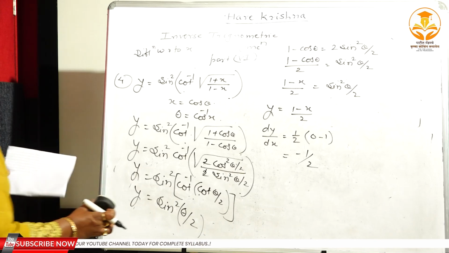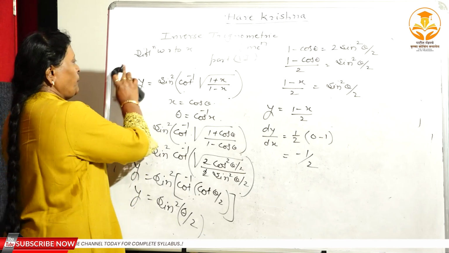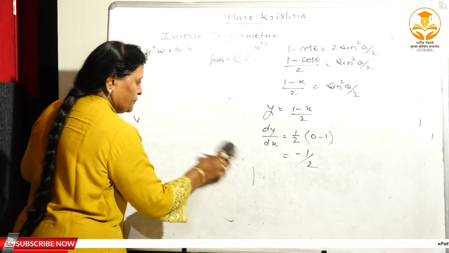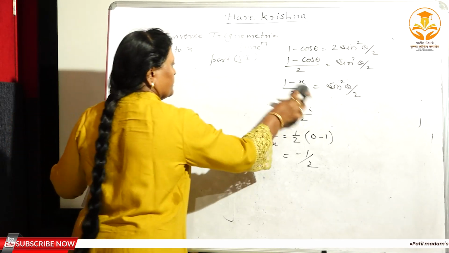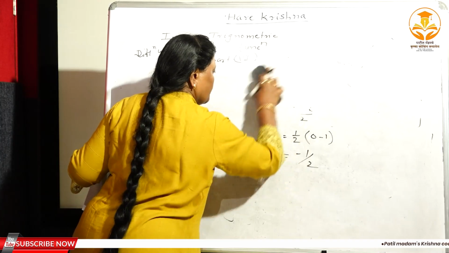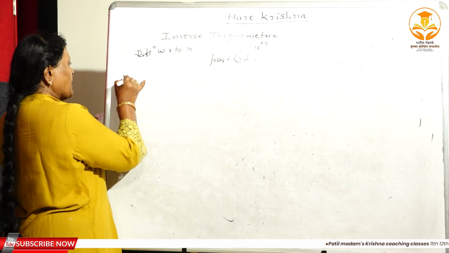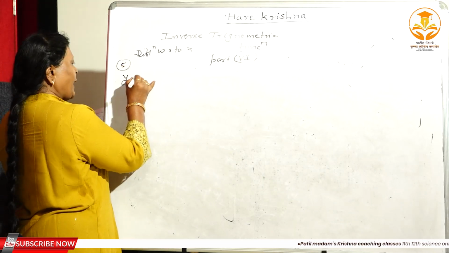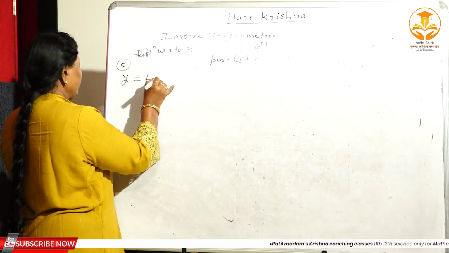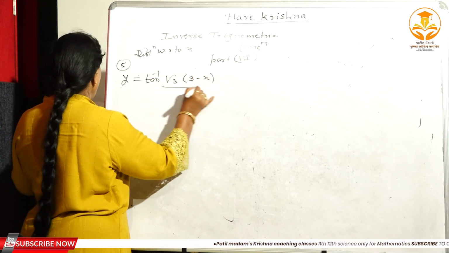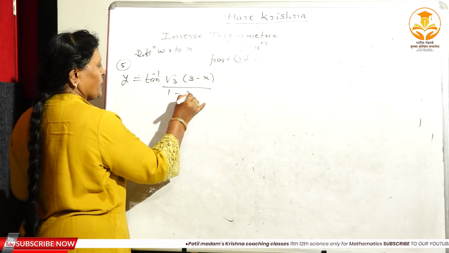Again the fifth unusual one. These are all the unusual ones here. y is equal to tan inverse of (3 root x minus x root x)... root x, (3 minus x) and (1 minus 3x).